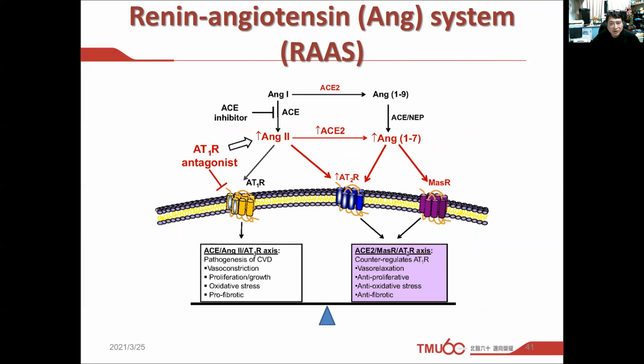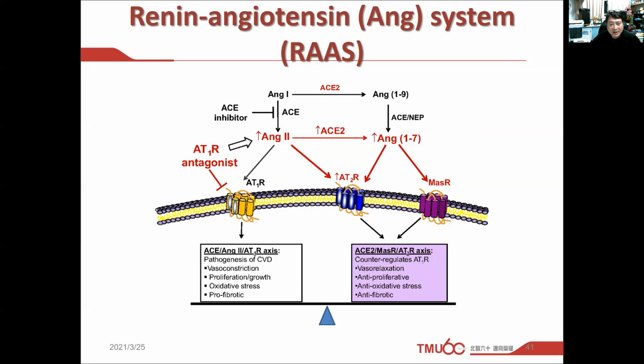It will convert angiotensin 2 and angiotensin 1 into angiotensin 1-9 and 1-7. These two peptides will bind to another type of receptor, the angiotensin type 2 receptor. This has the opposite function compared to angiotensin 2 and angiotensin 1 bound to the type 1 receptor.